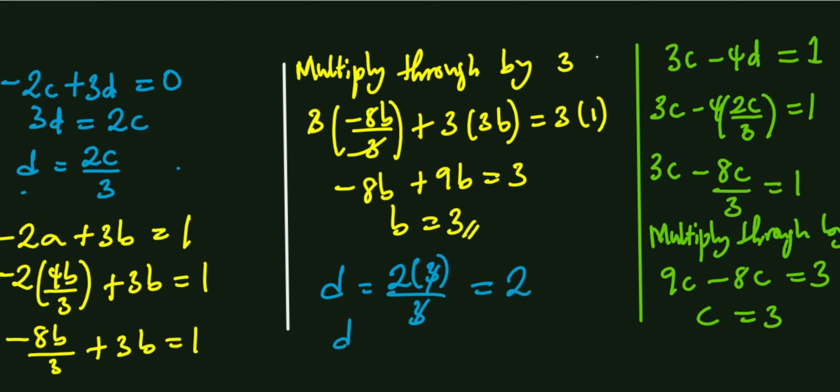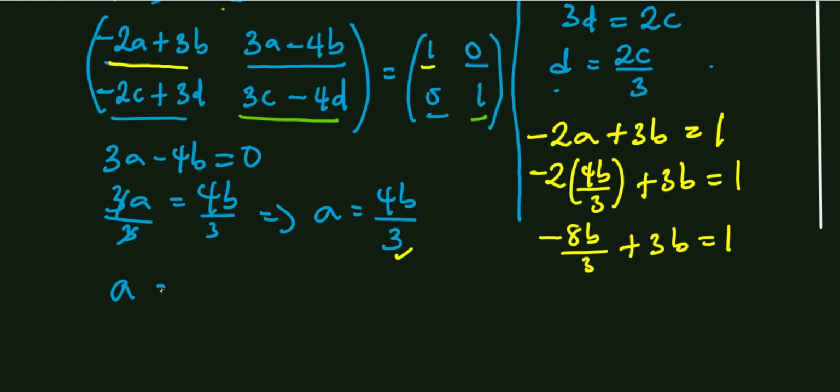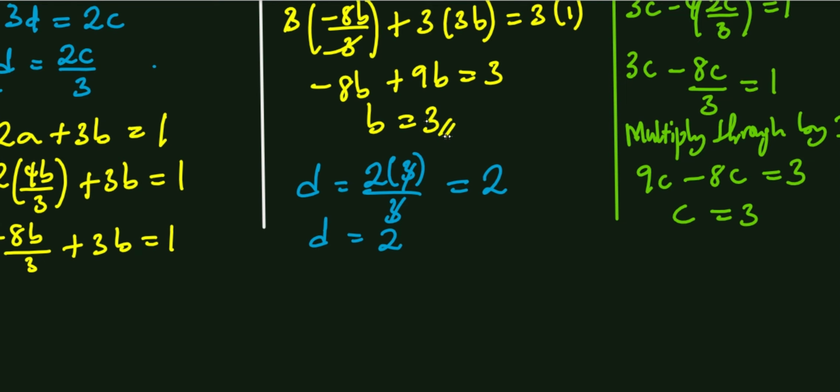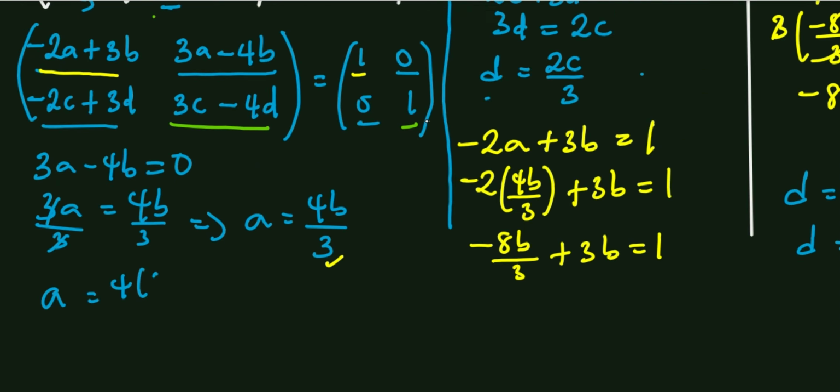Then it remains only A. A is equal to 4 times B over 3, and we are aware that our B is equal to 3. So we put it there, divided by 3. So the A is equal to 4.